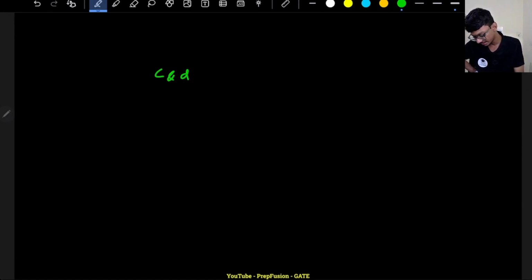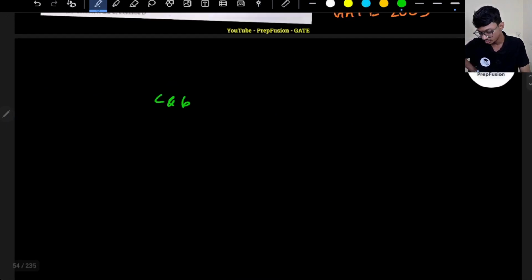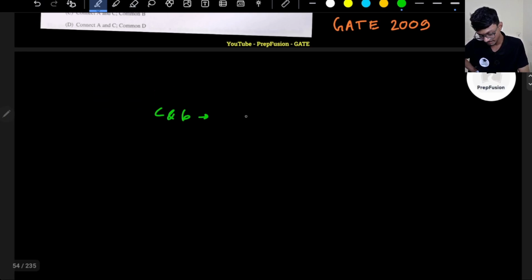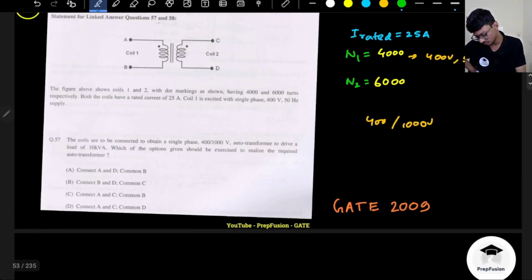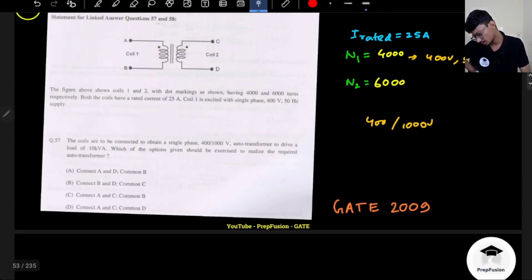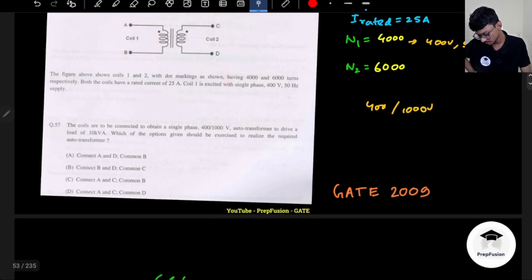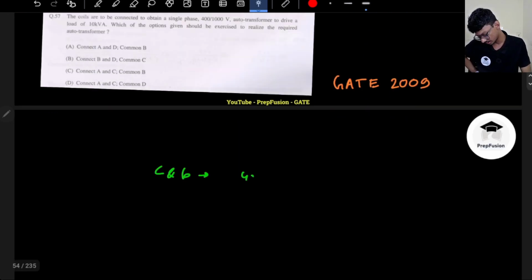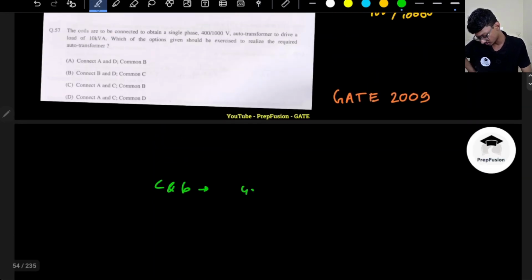So we have to connect C and B. If I connect C and B, the input voltage will be constant, still AB. I will take the output from C and D. Am I correct here? How will the transformer be connected?